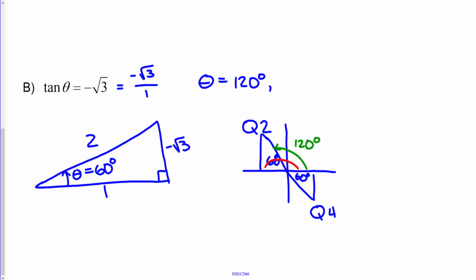In quadrant 4, I know that the entire rotation of the circle is 360. So I would go 300 degrees and then 60 more, which is my reference. Or I can just look at it as 360 minus 60, which is what I did. That angle, the actual angle, is 300 degrees.